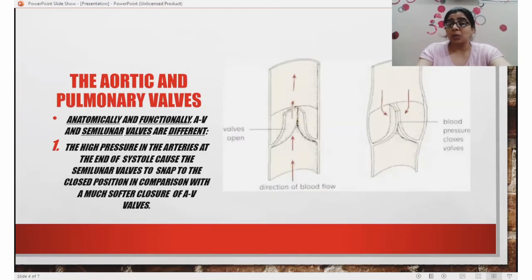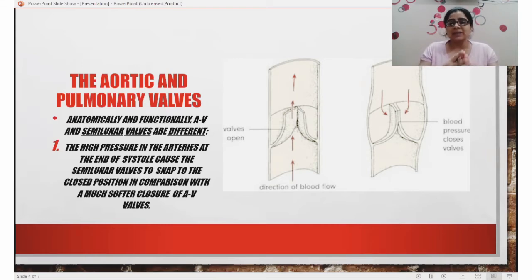Now moving to the another one, that is your aortic and the pulmonary walls. So here two things are to be considered while we are studying how the opening and the closing of pulmonary and the aortic walls take place. That is because of the high pressure exerted by blood, that is during the end of systole.